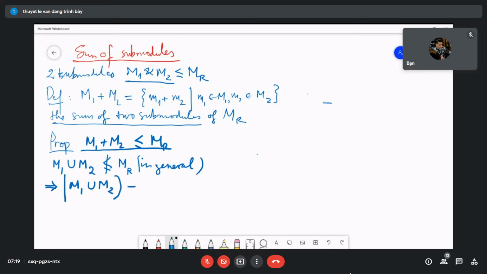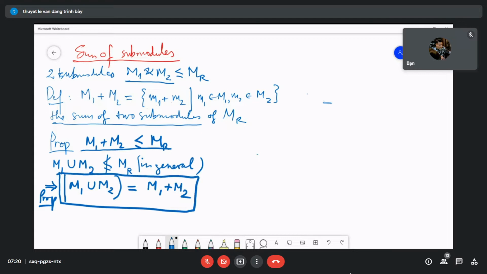It will be equal to M1 plus M2. Okay, that is a very nice result, because we have the sum here, but the sum is generated by the union of M1 and M2.